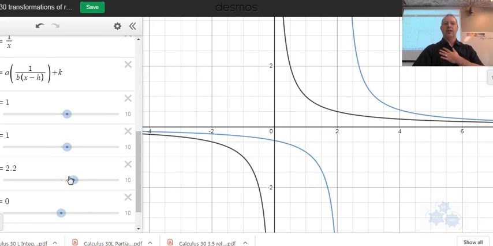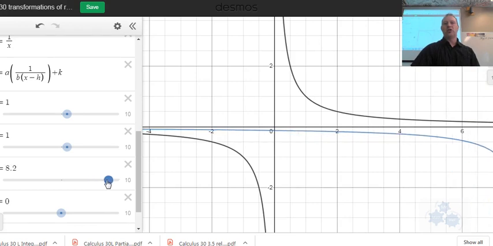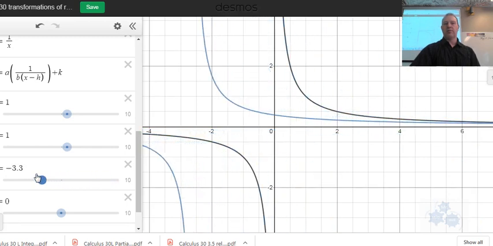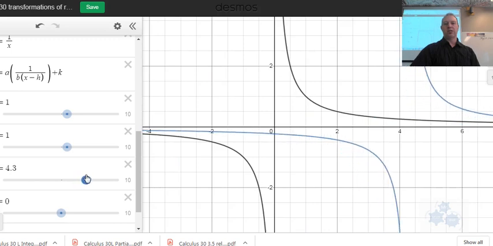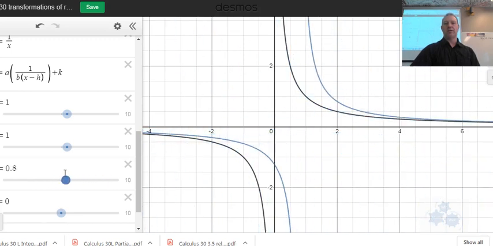So right now this would be x minus 2.2, which means it's 2.2 to the right. It's just opposite of the sign that's in there. As h gets larger, it moves to the right, which shows up in the equation as x minus, in this case, 8.2. As h gets smaller, it moves to the left. So that's your horizontal shift. Good. We'll put that back to 0.